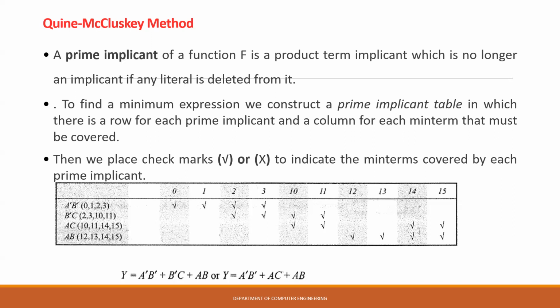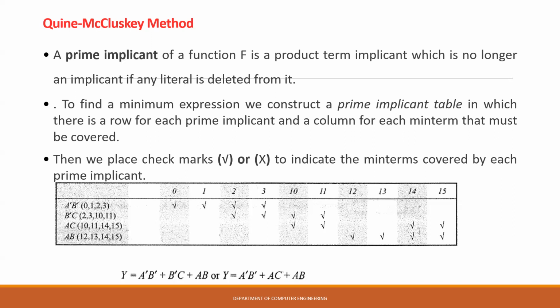And from these, we use the terms which are present only once in a column. A dash, B dash is present only once for the given min-term 0, as well as for the given min-term 1.